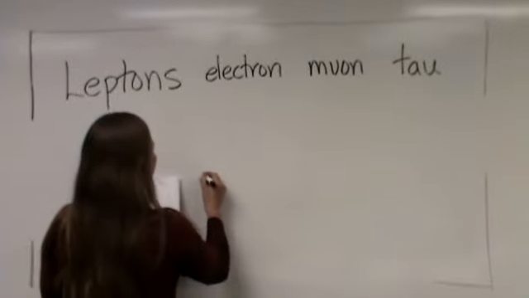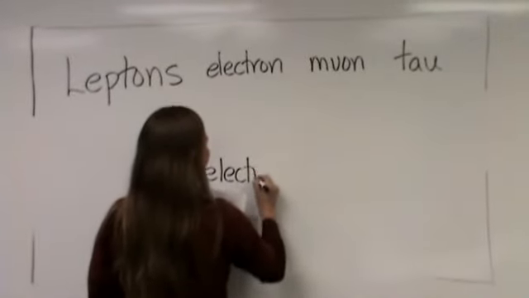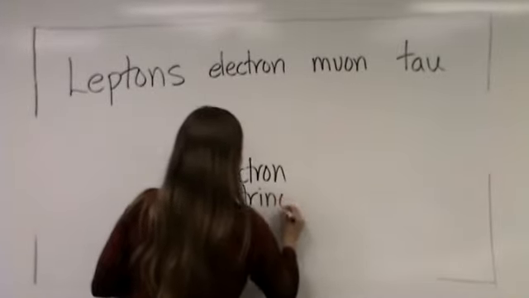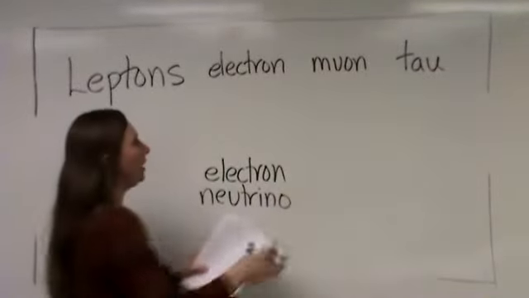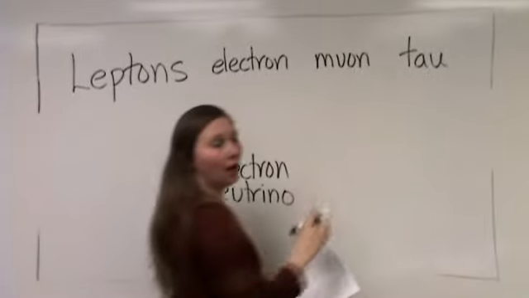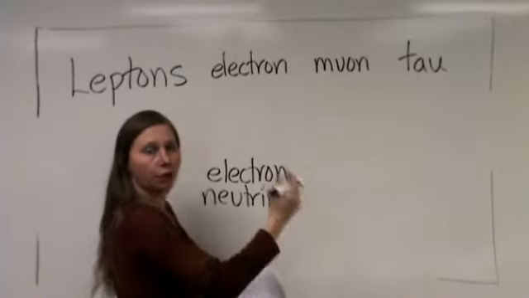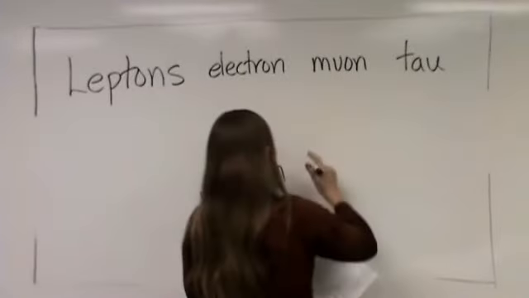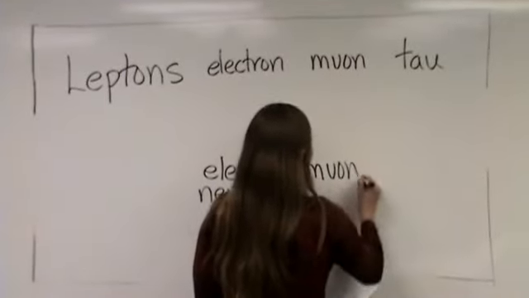Down at the bottom we have electron neutrino. And I think you can see where this is going. Each lepton has its own corresponding neutrino. The electron has the electron neutrino. The muon has the muon neutrino.